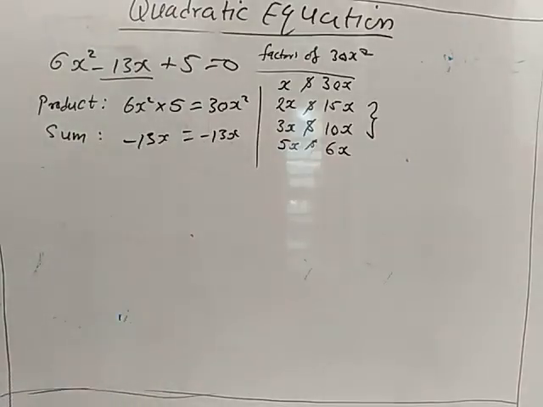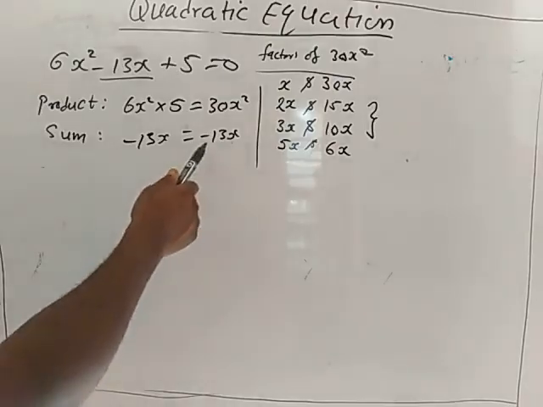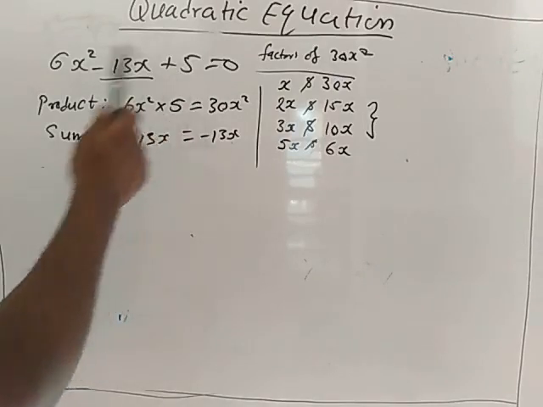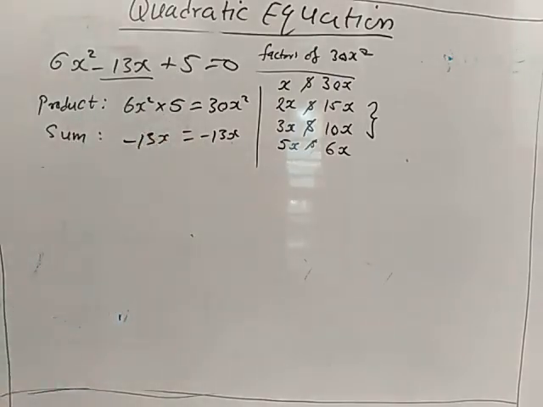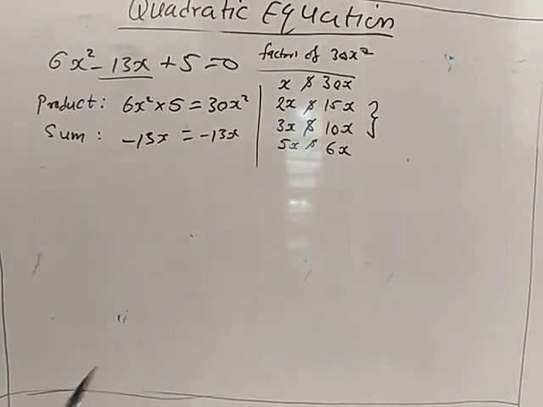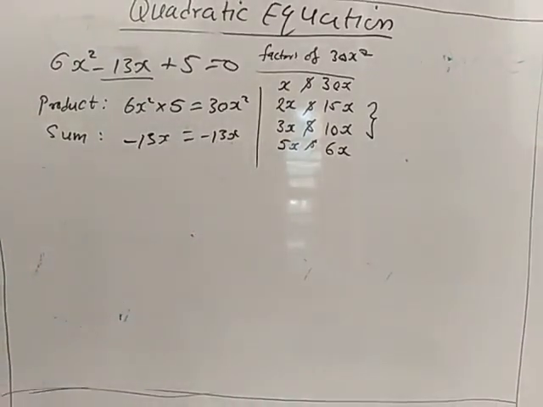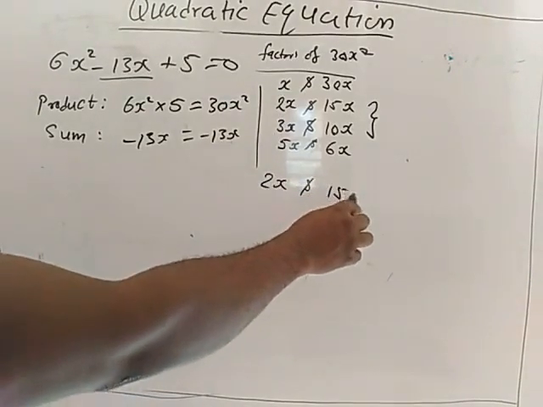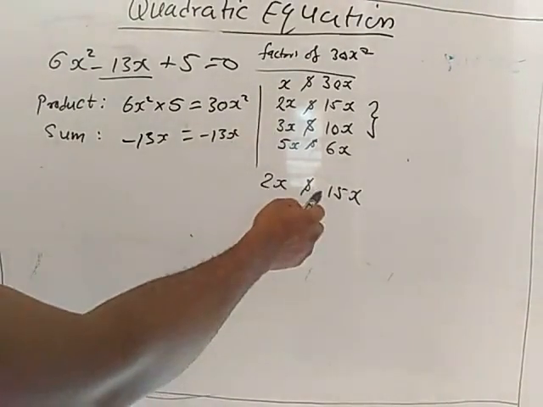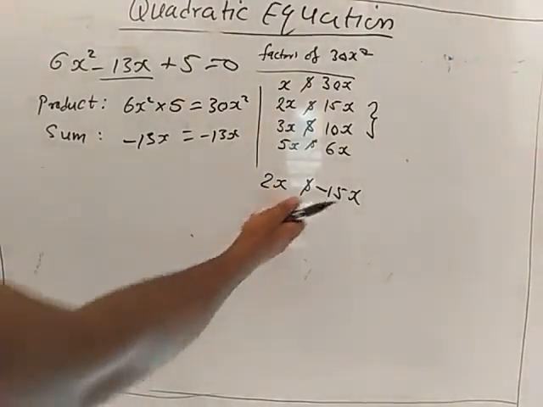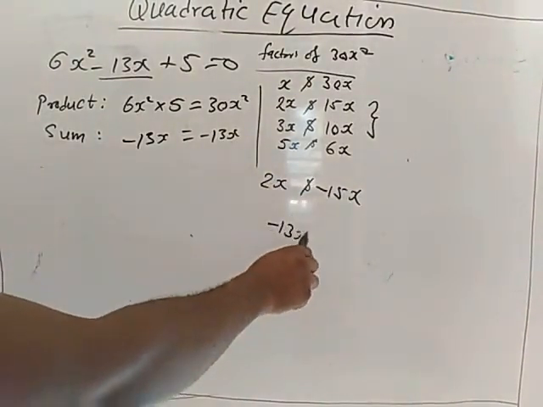Now, from these two, how do we know the suitable one that will give us exactly minus 13? Because we are very much concerned about their signs. If their signs are not corresponding, then we are not doing the right thing. Therefore, let us first look at 2x and 15x and consider it with this minus 13x. Now, if we put minus in front of this one and this one remains plus, you know that if we add them together, we have minus 13x.